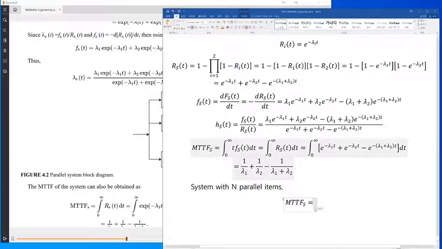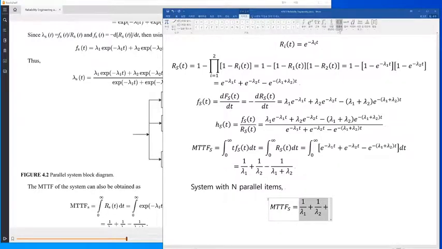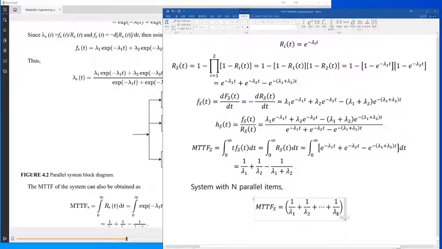And if we have more than that, once again, what I'm telling you is that in case we have n components, then first we add all the 1 over lambdas.